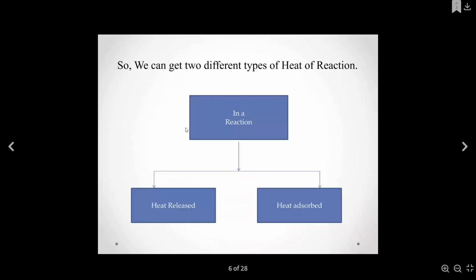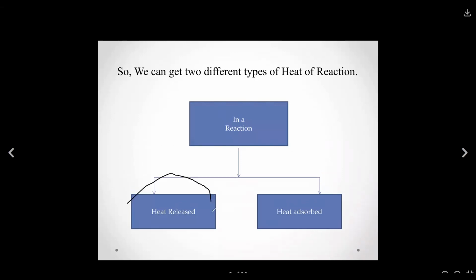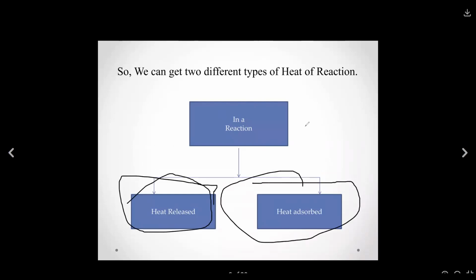Then the next thing we are going to look at is that we can get two different types of heat of reaction. In a reaction, we can have heat release, and we can also have heat absorbed.